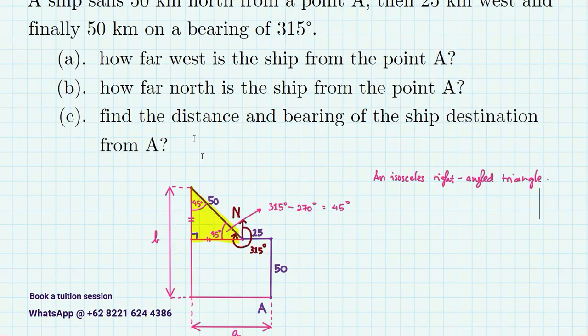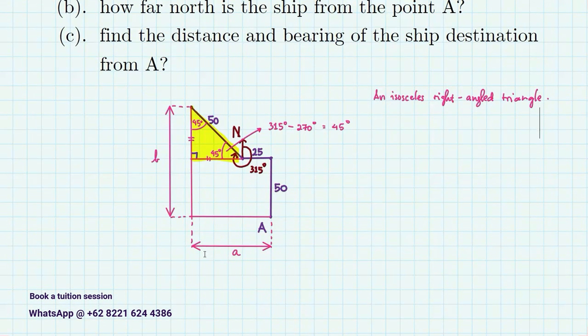So let's solve this. How far west, which is this horizontal distance, which is A, we can actually divide the length into two parts. We know that this is 25, because the length from here to here is the same as the length from here to here, which is 25. And then the other one is the base of this triangle. We can use simple trigonometry.